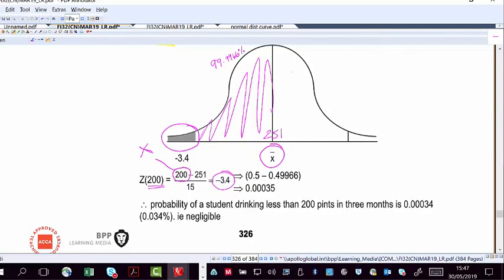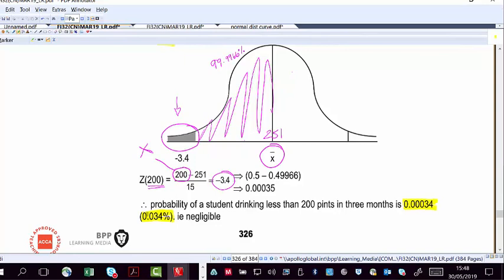We can see that the proportion we're looking for here is a very negligible percentage. Through the calculation, it drops out at 0.00034, which is 0.034%. So 0.034% of students will drink less than 200 pints in 3 months' time.